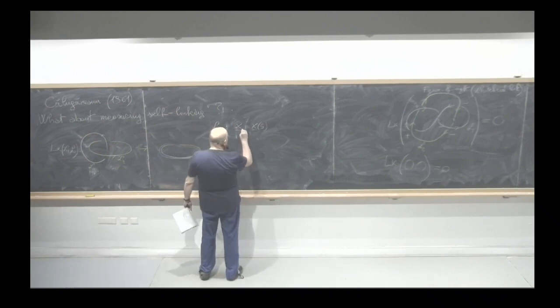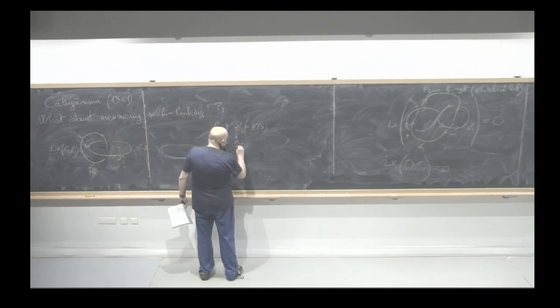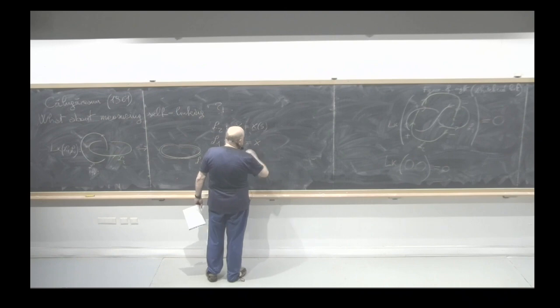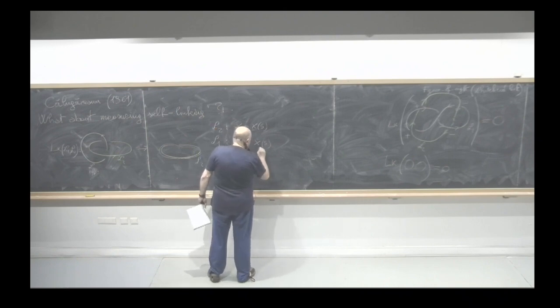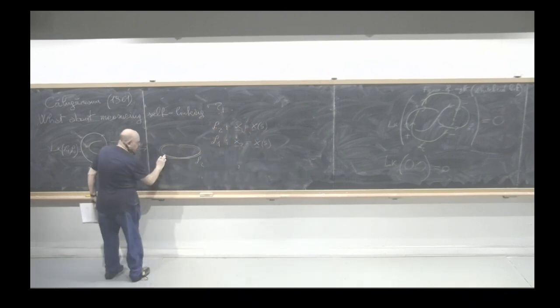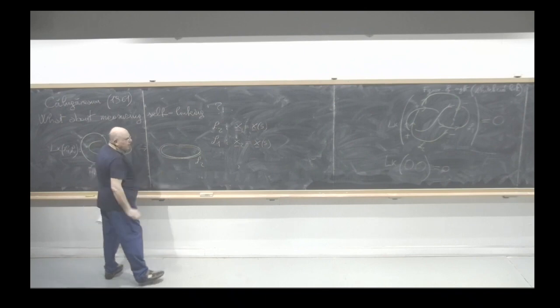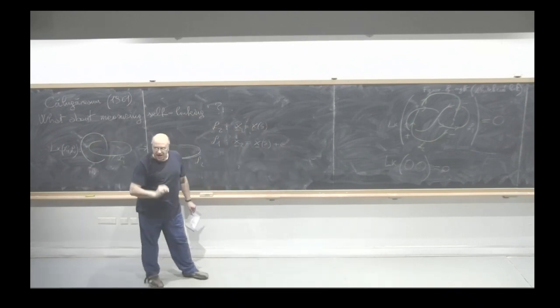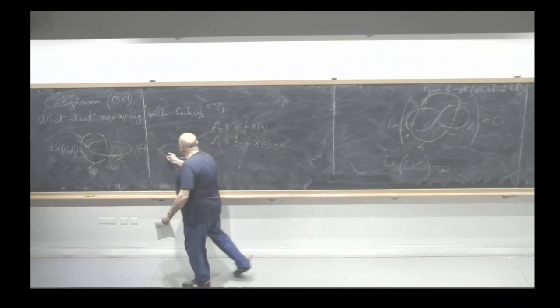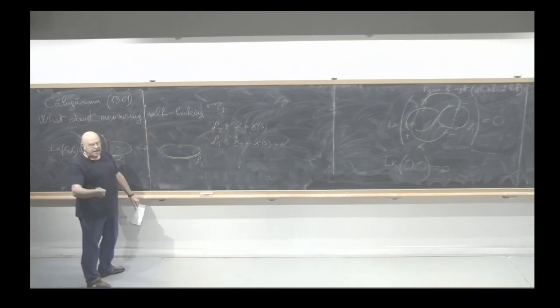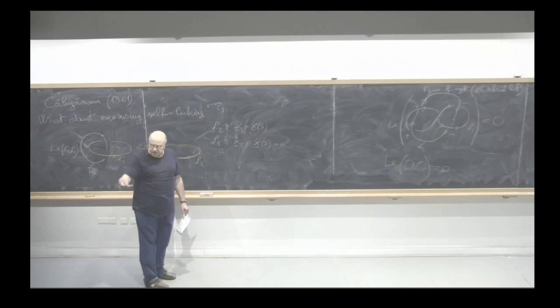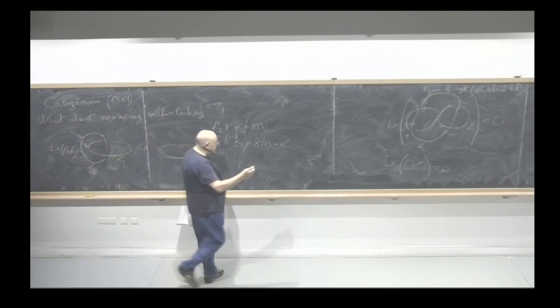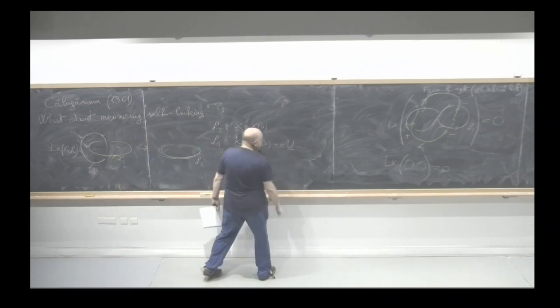I take x of s as a basic curve, and then I move it an epsilon away along some normal vector field, not necessarily the principal normal or the binormal, any normal, say u.